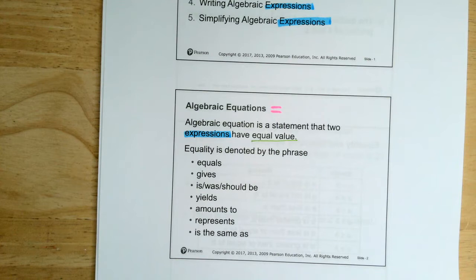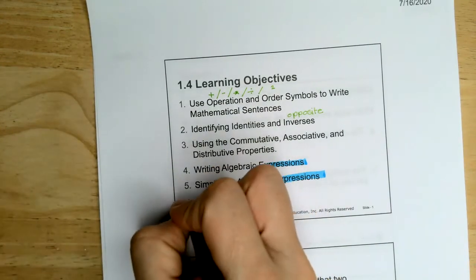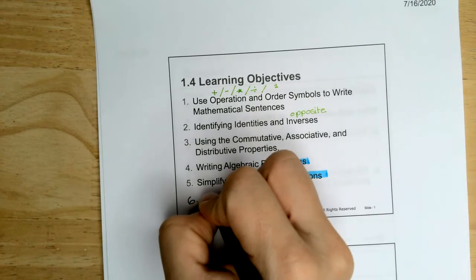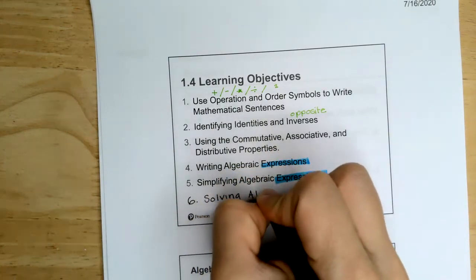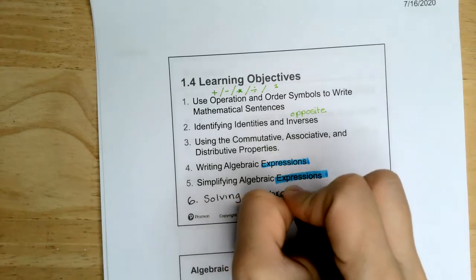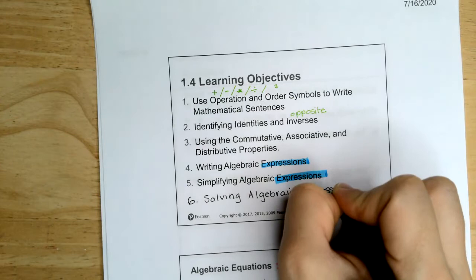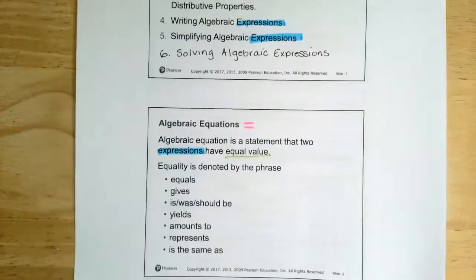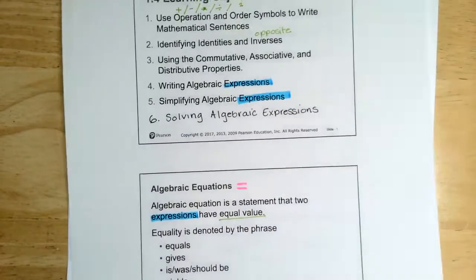And all of this is building up to solving. So after simplifying algebraic expressions, what we will do is, not today, but what we are leading up to is solving algebraic equations. Oh, sorry, equations.